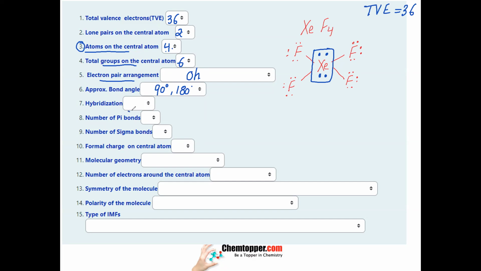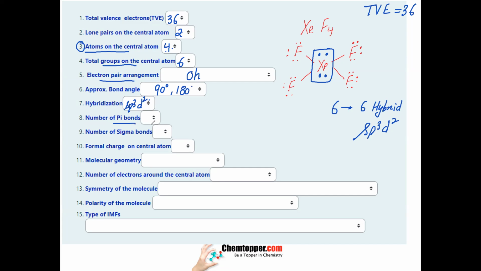Hybridization. You need 6 groups. 6 groups means you need 6 hybrid orbitals. How can you get 6 hybrid orbitals? sp3d2. That's right.